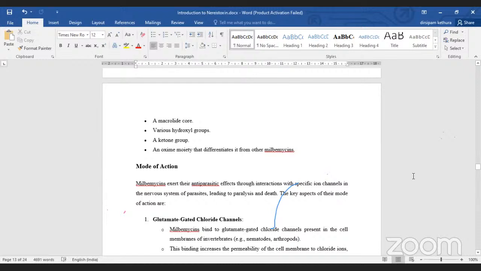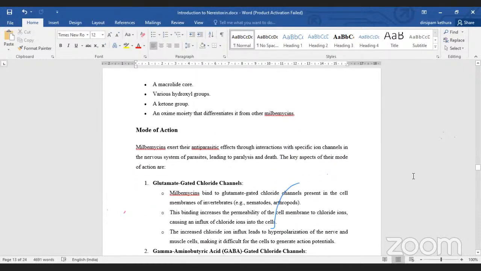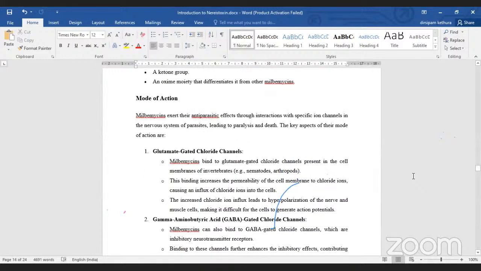If the insecticides can be grouped mechanism-wise, I think that will be easy for us to remember. And that's what. In the maximum of cases, these molecules show their effect on the ion gated channels, on neurotransmitters. Especially it is showing its action on the central nervous system.